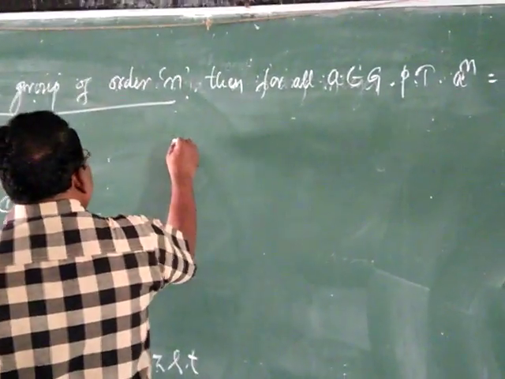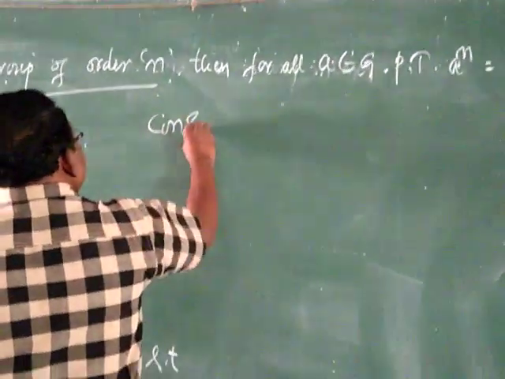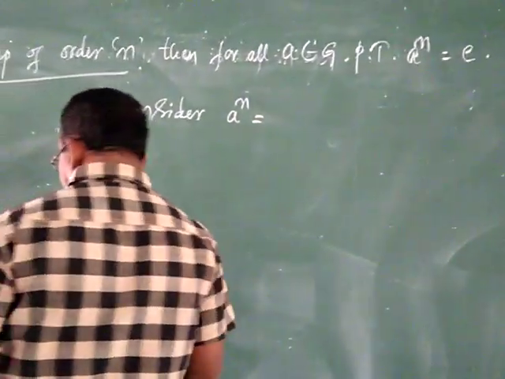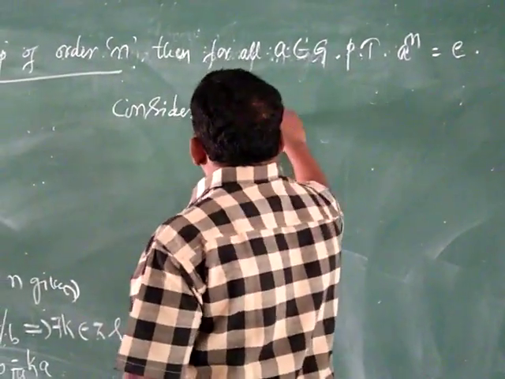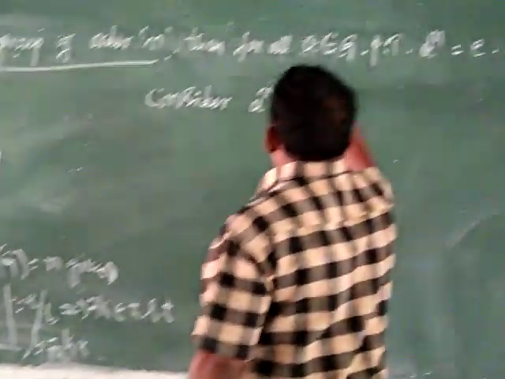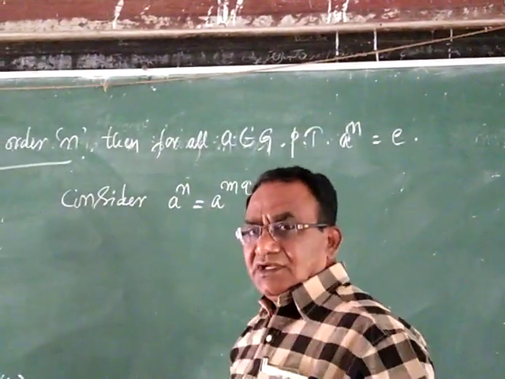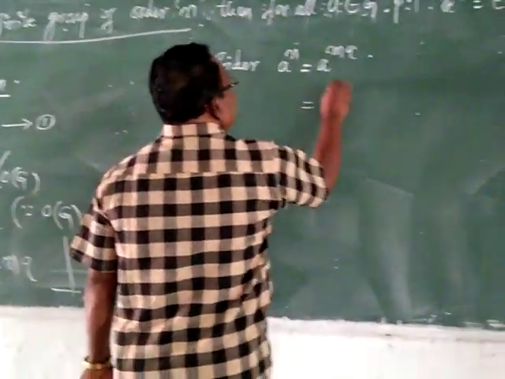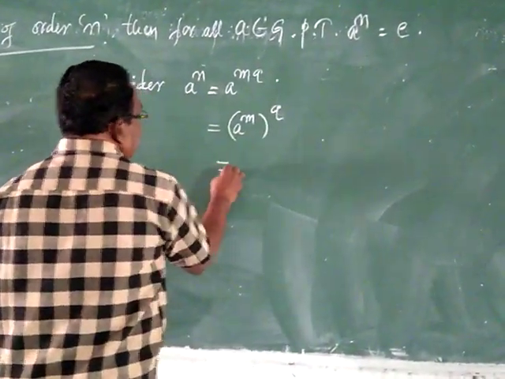Now consider A to the power n. This is equal to A to the power m q. A to the power m q can be written as A to the power m, whole to the power q.